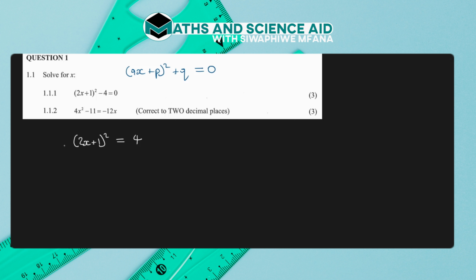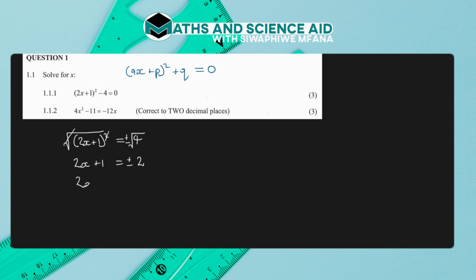And then after that, we can just simply apply a square root on both sides of the equation, not forgetting that here we must have a plus or minus. And then obviously the square root will cancel the square. And we are going to be left with 2x plus 1 equals plus or minus the square root of 4, which is 2.